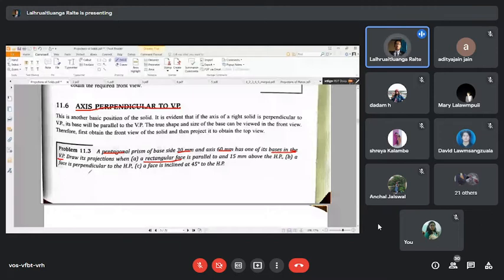All right, in the meantime, can anyone tell me the internal angle of a pentagon? The other day we said the internal angle of a hexagon is 120 degrees. What about a pentagon?